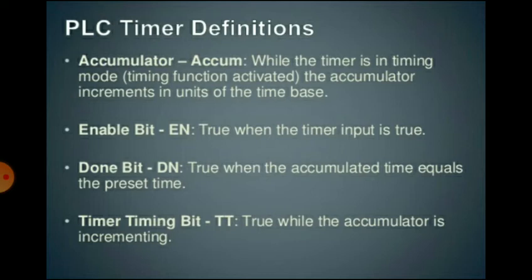Then the enable bit, called EN. It is true when the timer input is true. Then the done bit, DN. It is true when the accumulated time equals the preset time. And TT, the timer timing bit, is true while the accumulator is incrementing.